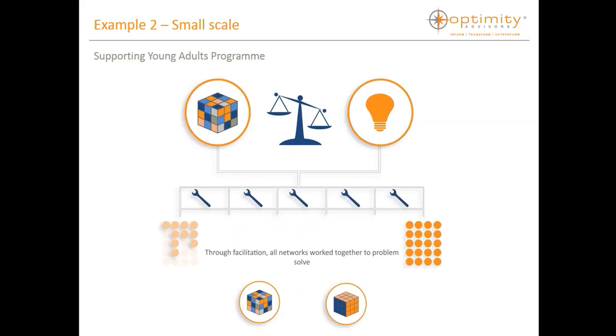On a smaller scale, the Supporting Young Adults project, which was part of NHS Kidney Care National and International Multi-Site Evaluation, was a project that constituted 6 renal networks across England. They developed and implemented a range of models of care to improve transition and support in adult services for young adults with kidney disease.